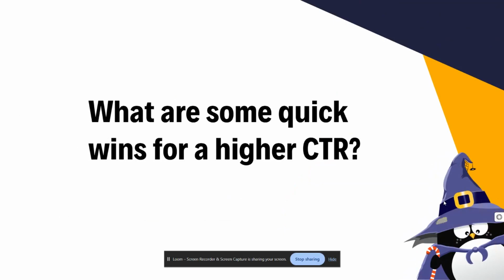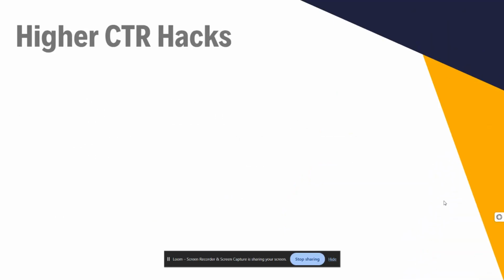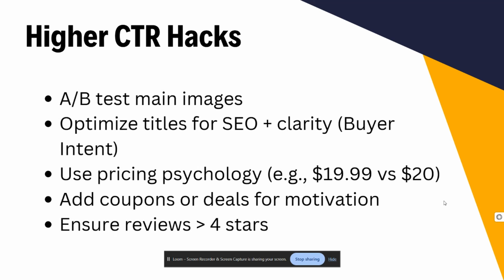All right. So what are some quick wins for a higher click-through rate? I'm going to give you some very important tips that we use at our agency. The first one is A/B testing main images. This is probably one of the most undervalued tools within Amazon, which allows you to A/B test two images.